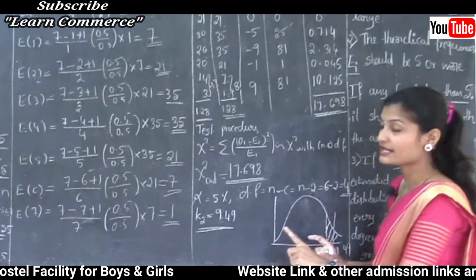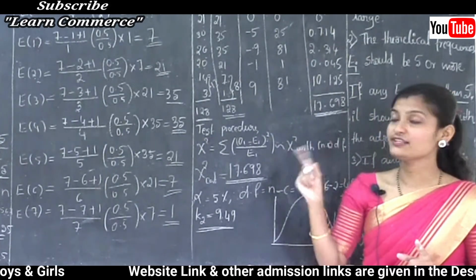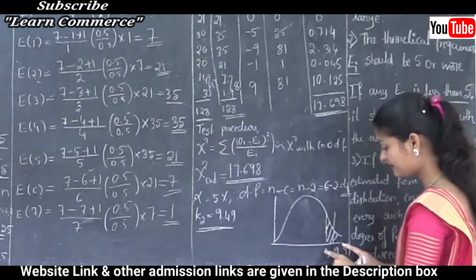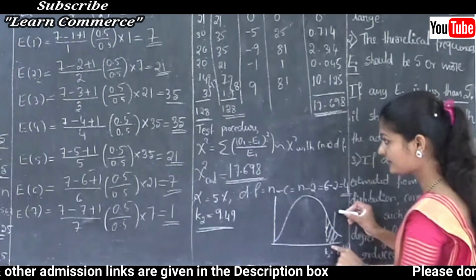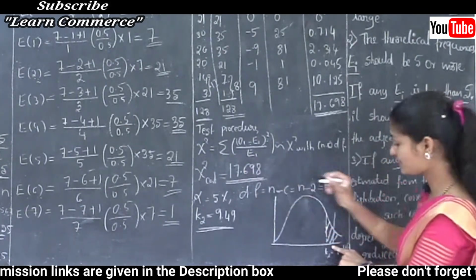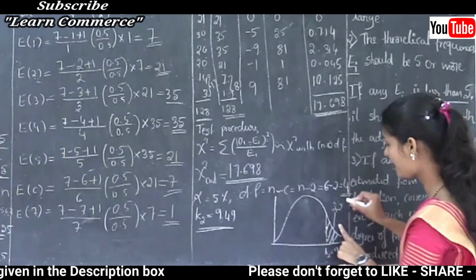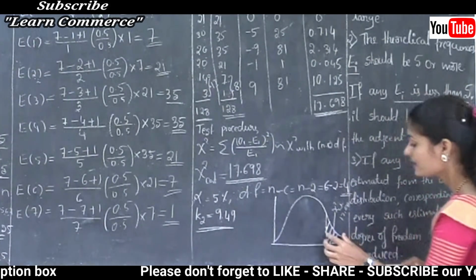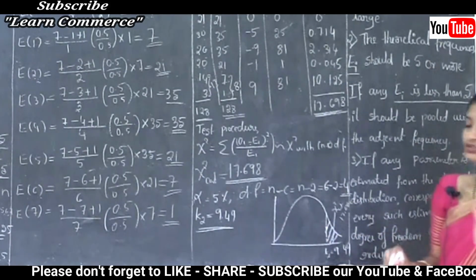The range of the chi-square distribution, which we discussed in distribution theory, is 0 to infinity, so the calculated value comes here, in the rejection region.